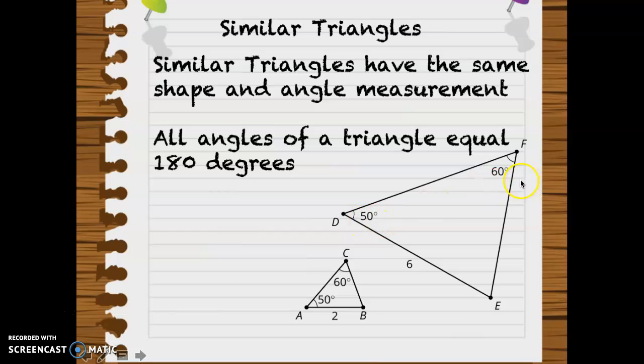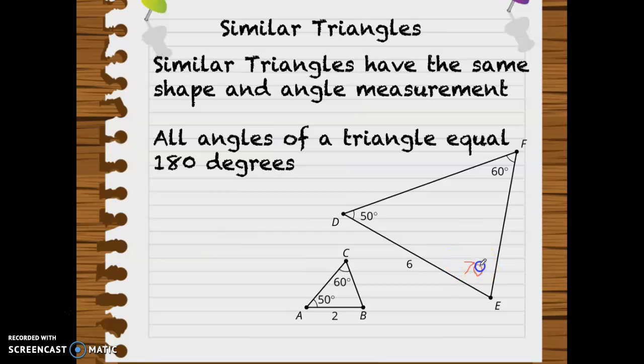In this case, we know one thing: that the angles of a triangle equal 180, and that in similar triangles, all the angle measurements are the same and the shape is the same. If I add 50 and 60, I'm going to get 110. If I subtract that from 180, I will then get 70, and 70 would be the missing measurement for each.